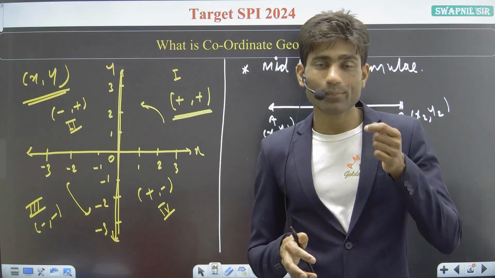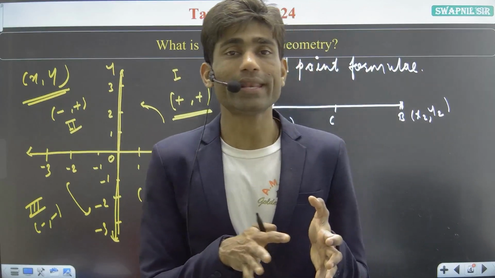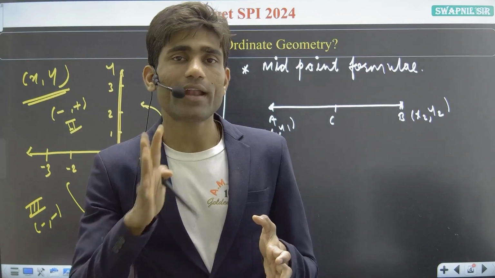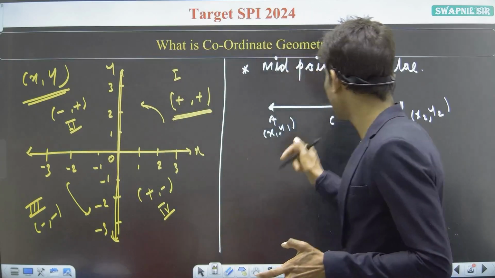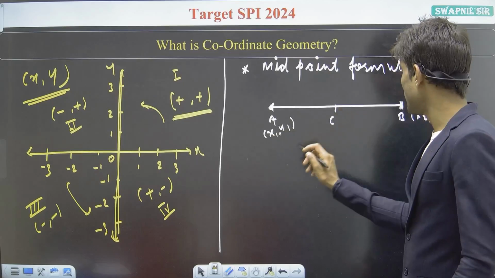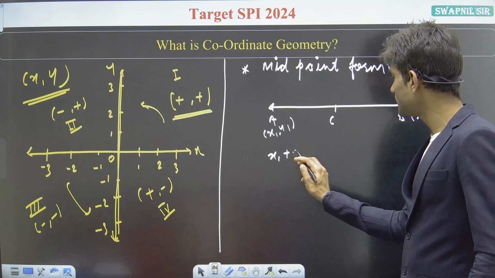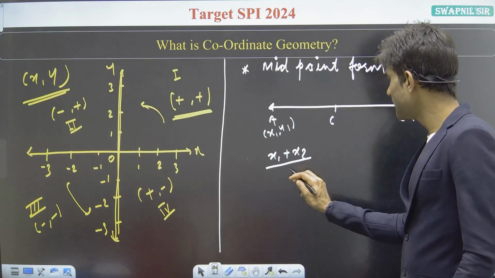The midpoint formula says: add the first coordinate plus the second coordinate and divide by 2. So how can we write the midpoint formula for C? Add the first coordinate x1 with the second coordinate x2 and divide completely by 2.